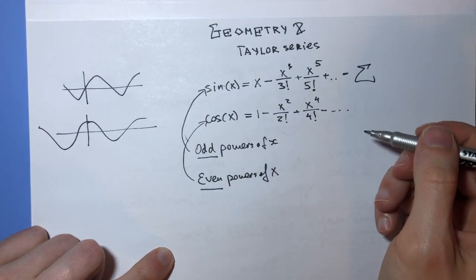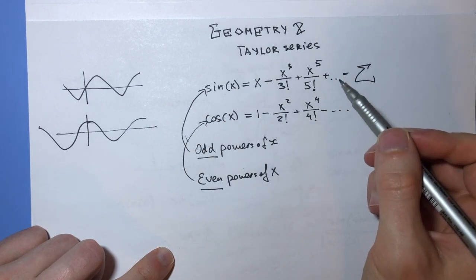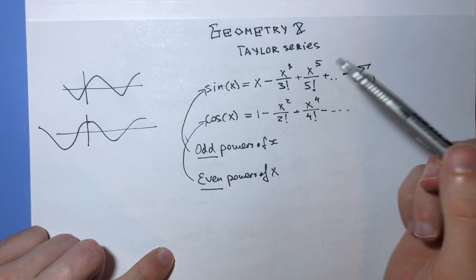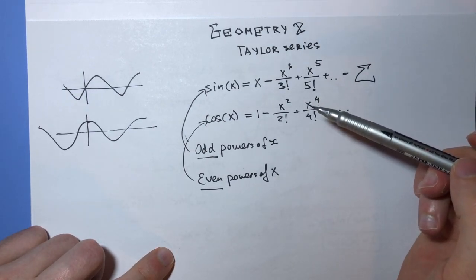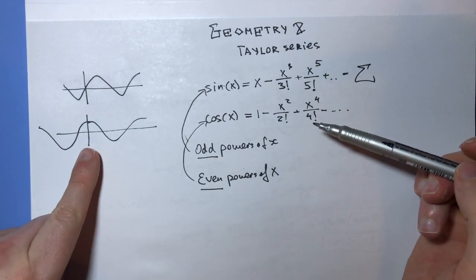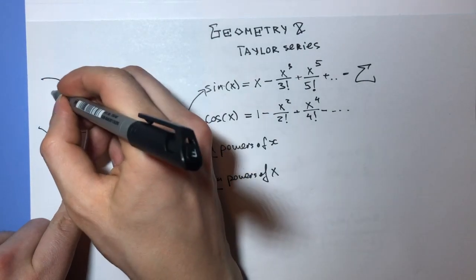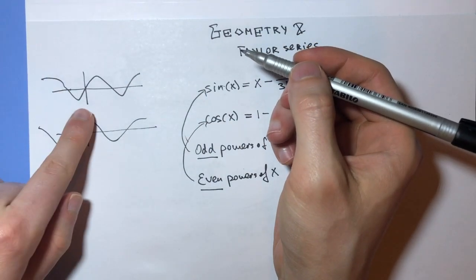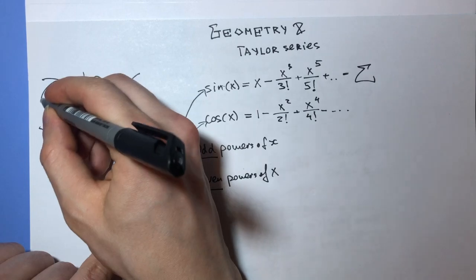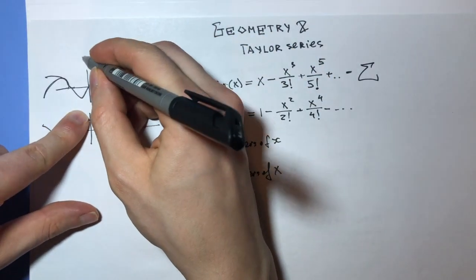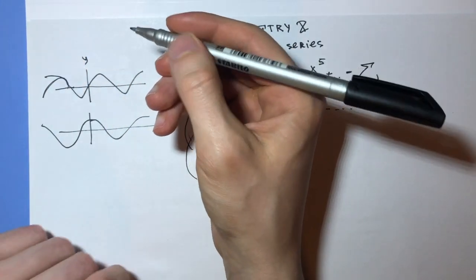So this is rather strange, but the beauty of mathematics lies in its interconnectedness. Look at these graphs more closely. What do you see? You see that there is some kind of symmetry in the y-axis.